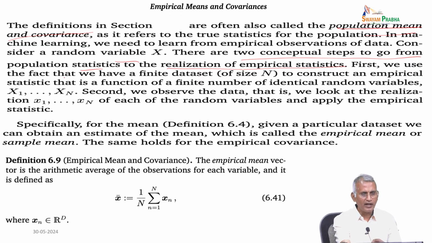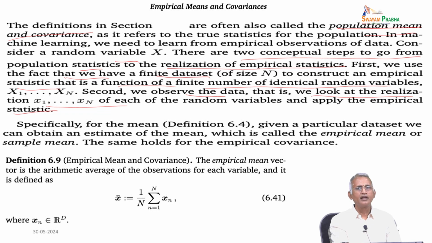First, we use the fact that we have a finite data set of size n to construct the empirical statistics, that is a function of a finite number of identical random variables x1 to xn. Second, we observe the data, then we look at the realization of x1 to xn of each random variable and apply the empirical statistics.